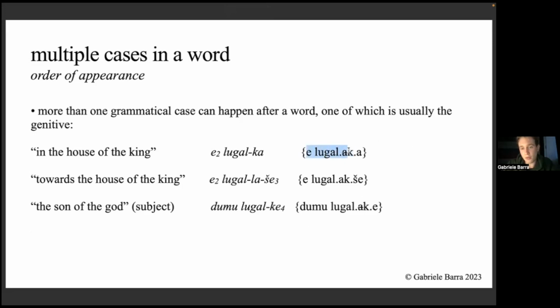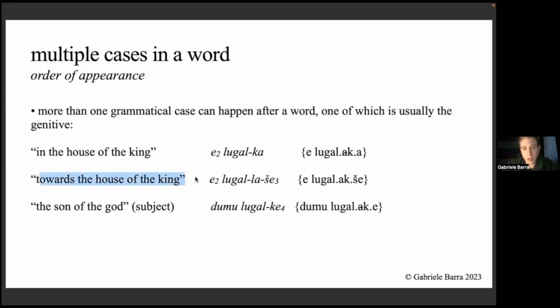Since the genitive comes first, you have it before the other case, and then you have a at the end, which is the locative. Altogether, you have ak, genitive, and a, locative, which in cuneiform is usually written just ka, and the first a is kind of elided. We'll see some more examples of that going forward.